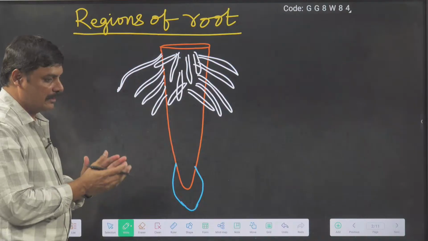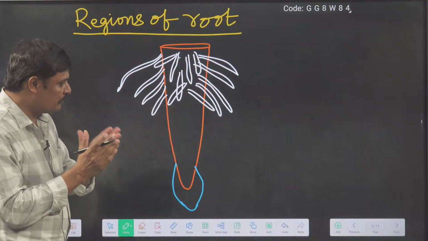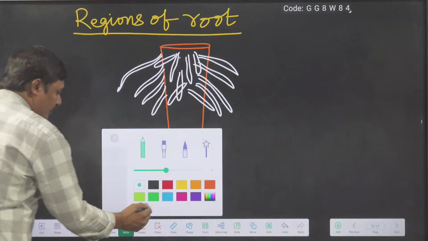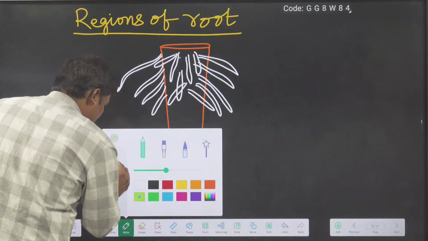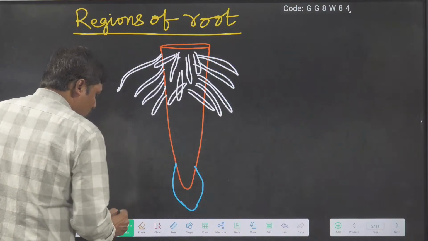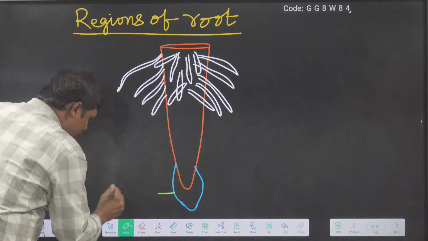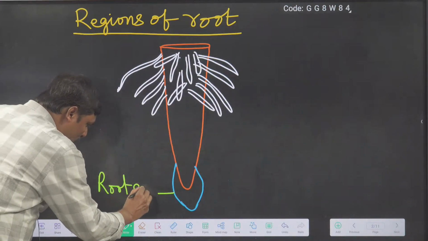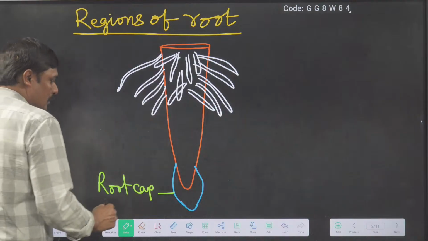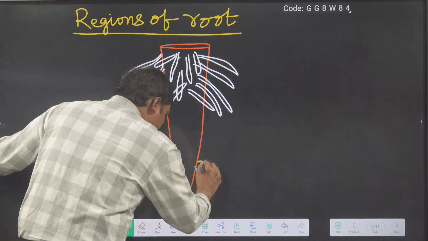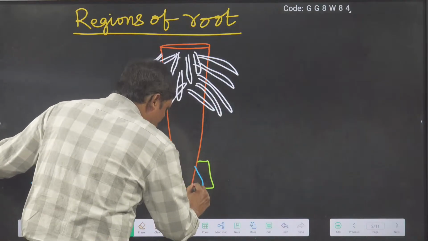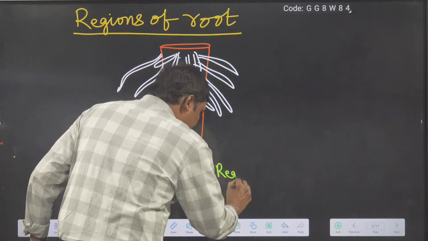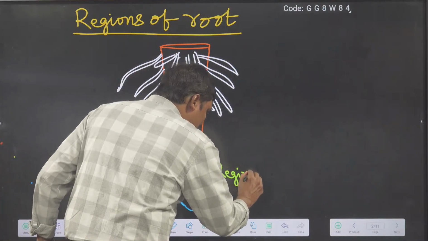That means a part of the root, it has the following regions. First one is the root cap. This is the root cap, and this part is called region of meristematic activity.